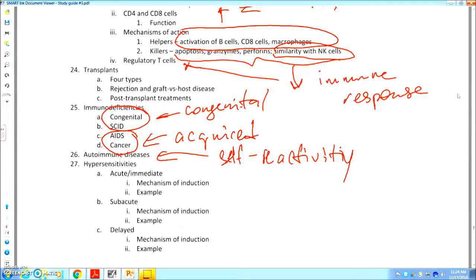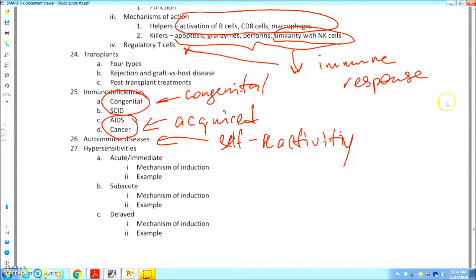Hypersensitivities, those types. Acute and immediate are types 1 and 2: allergy is type 1, and transfusion reaction is type 2. Subacute is type 3, the immune complex formation.